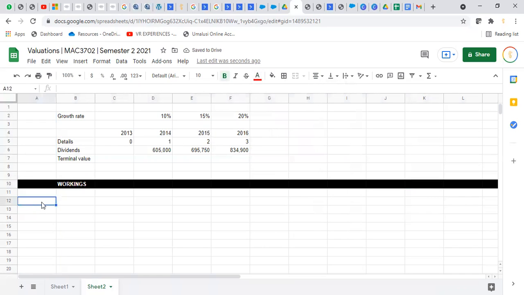The terminal value calculation is basically this calculation over here.